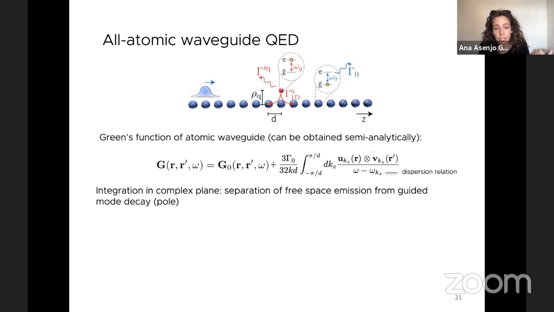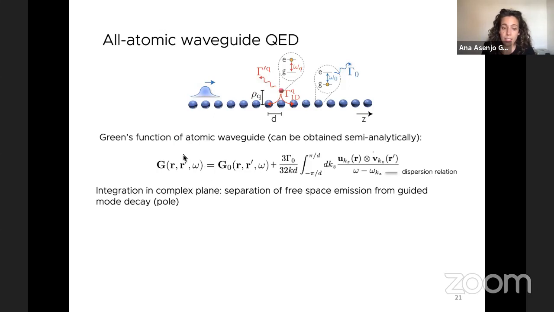In general, calculating the Green's function is a complicated task, but in a 1D array it can be obtained semi-analytically. It's a very symmetric problem that has cylindrical symmetry. And if it's infinite, then we can obtain an expression that reads like this.